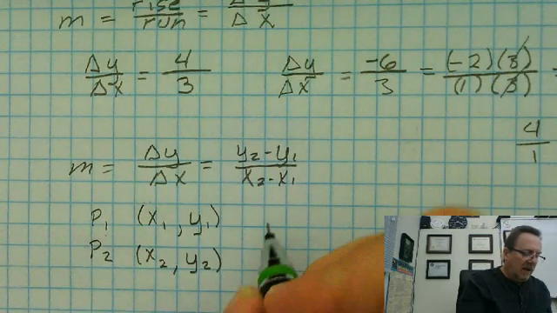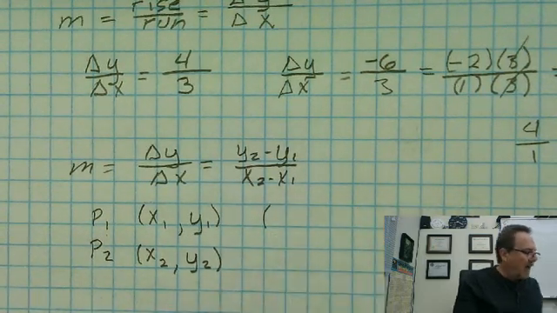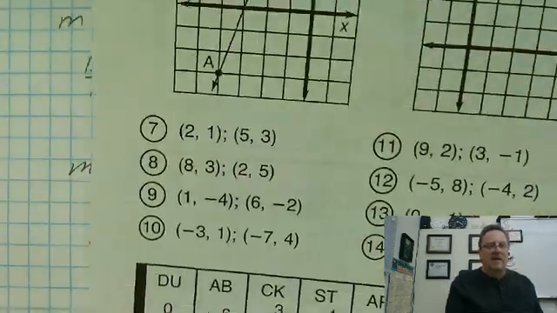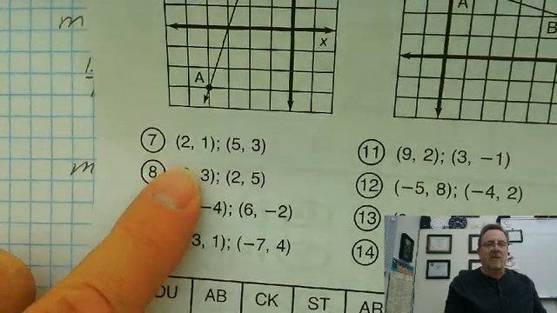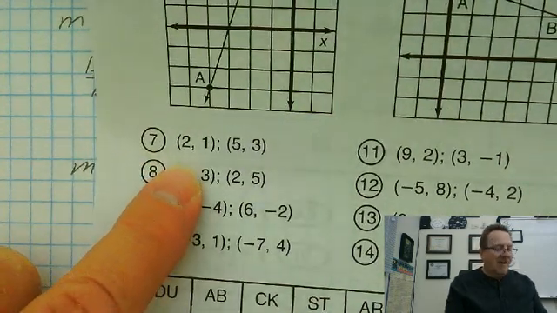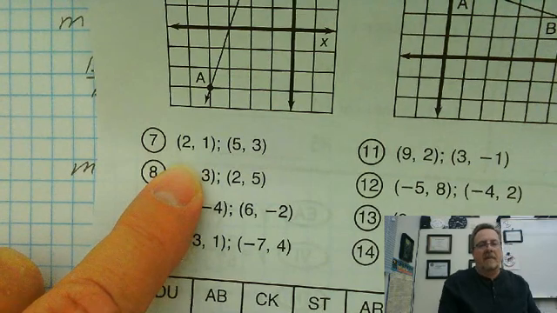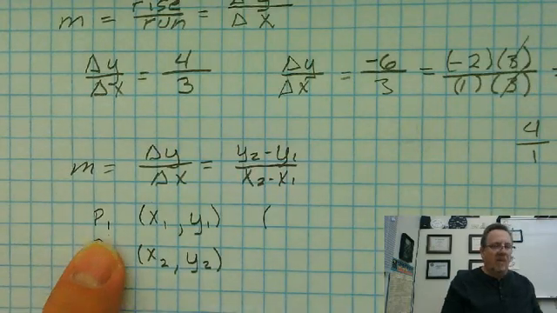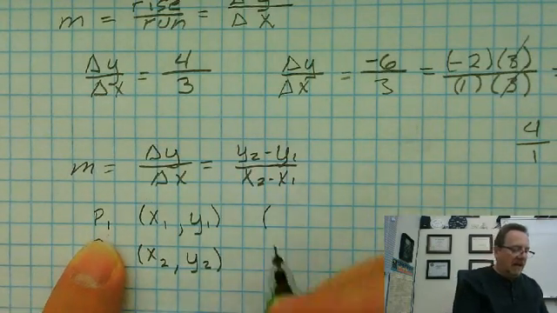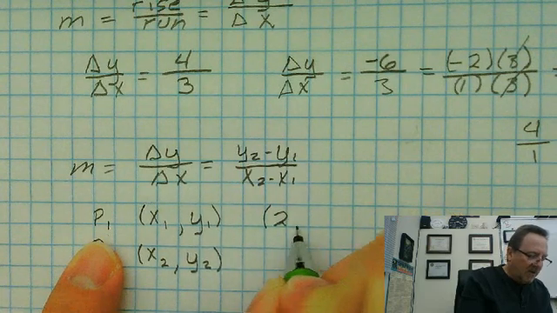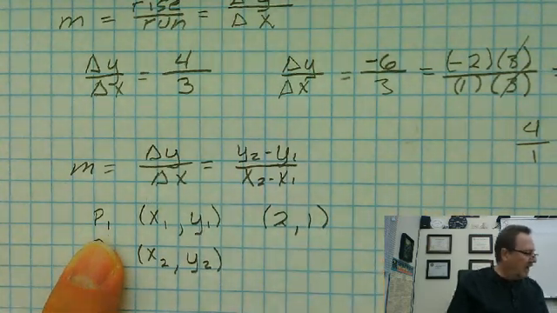Bear with me. Suppose that we go back to our problem over here where we're given 2 points and we're asked to find the slope. The first point is 2, 1. I'm going to call that point point 1, and I'm going to write down the values 2, 1.